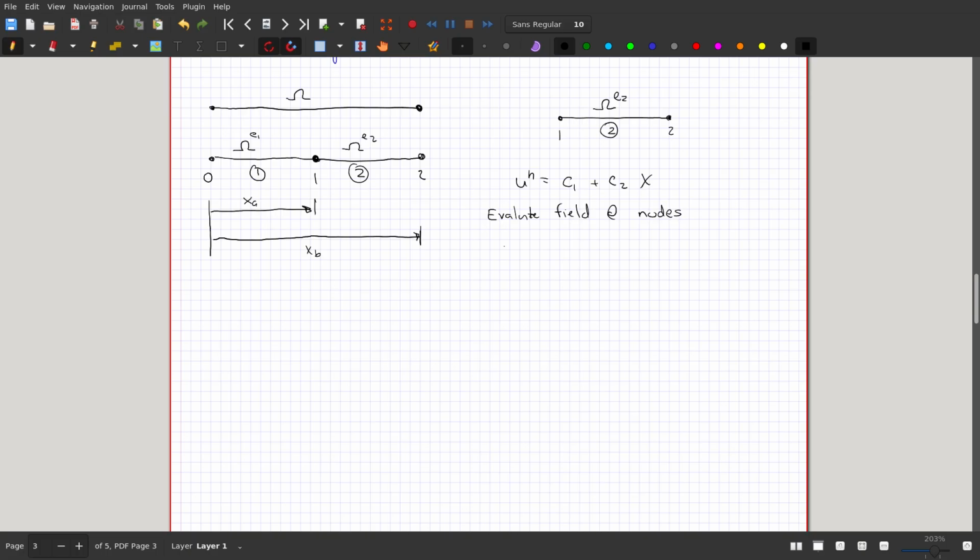When I say the field, I mean u. I say field because it depends on the problem domain. U in this case is just a generic field variable, but if I change the physics of the problem, it could be temperature, it could be pressure. So we'll just say we're going to evaluate the field.